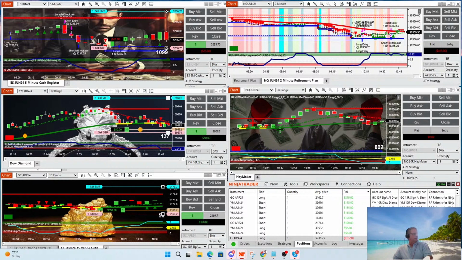Gold long. Gold long. Gold has just been, I'll tell you, price of gold. Holy moly. I'm ready to go sell my gold chain. It's headed to 2200 an ounce.